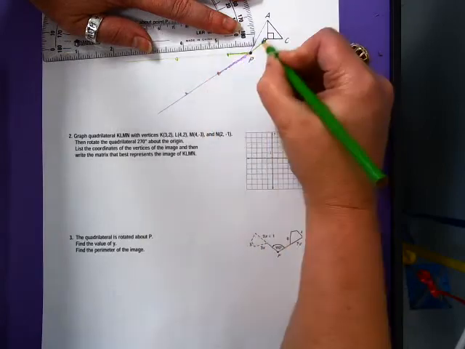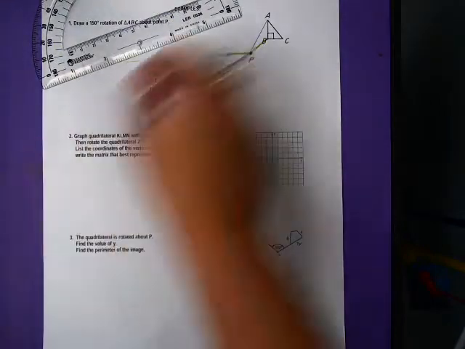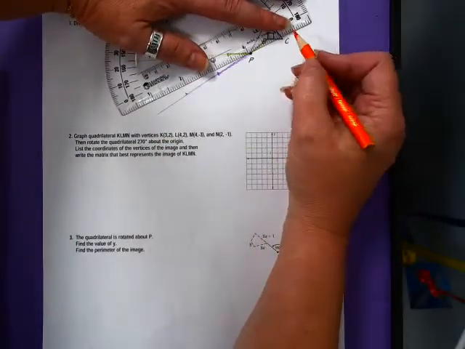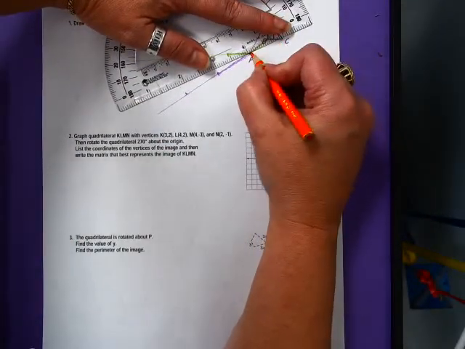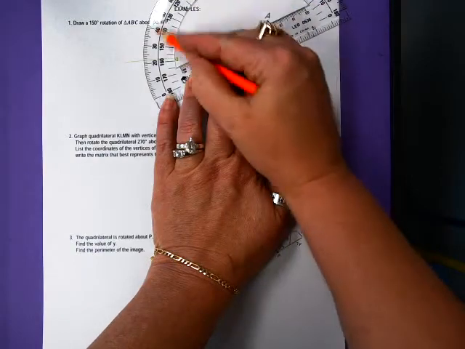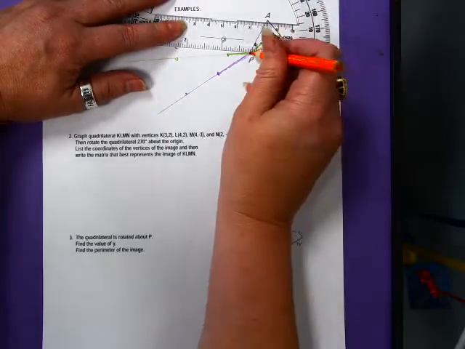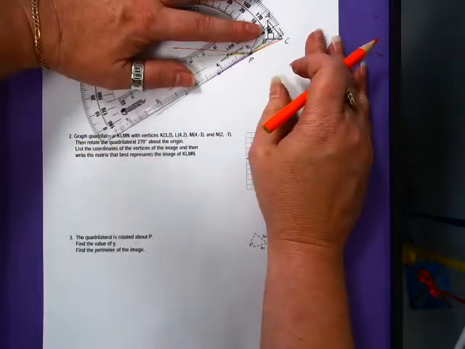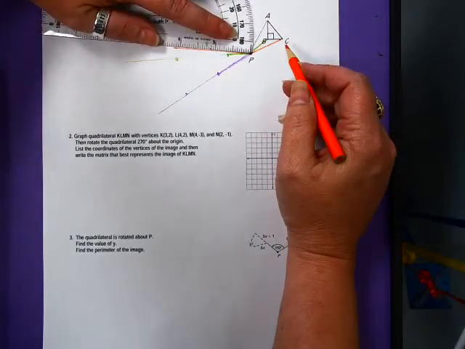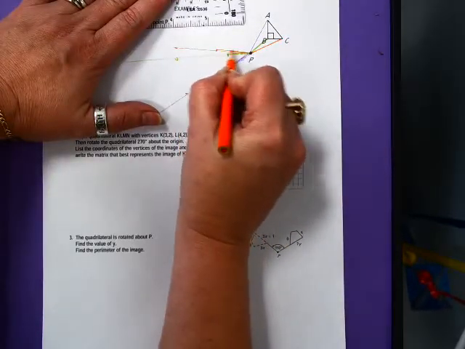That's B prime. Okay, next we have point C. I'm going to connect them. Then I'm going to create a 150-degree angle all the way over, about right there. Draw my angle, then measure the distance away, and it is just a little shy of 1 inch. So just a little shy of 1 inch will be about right there. So there's the distance away.